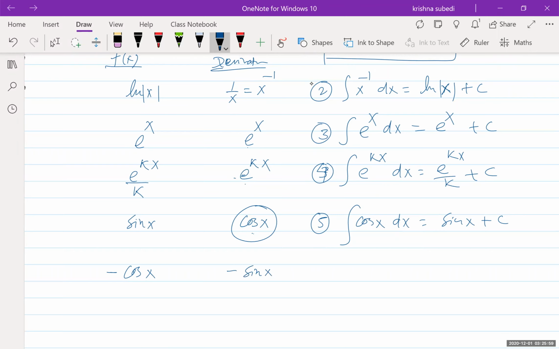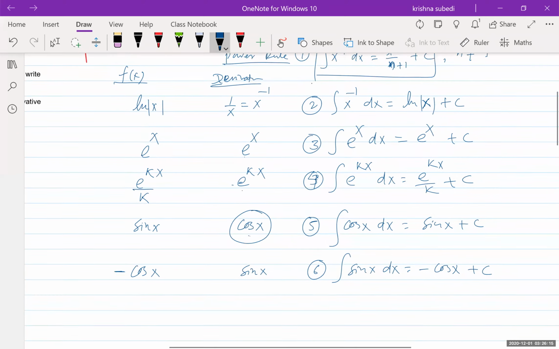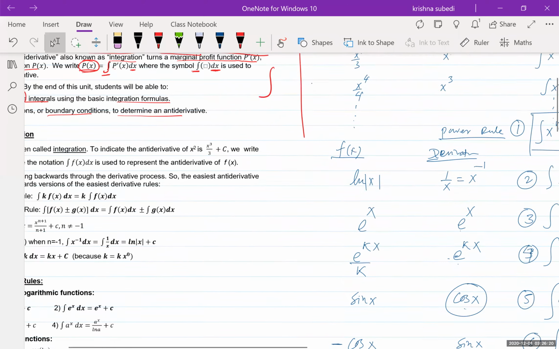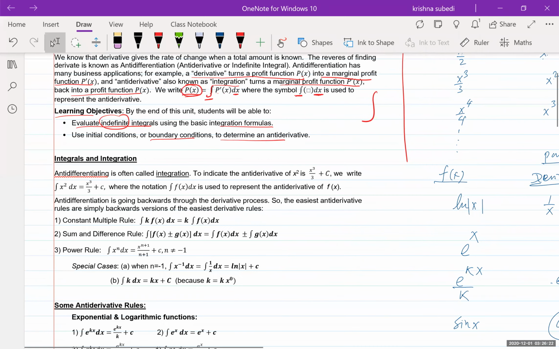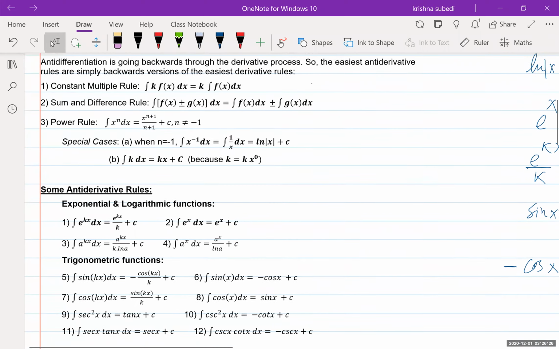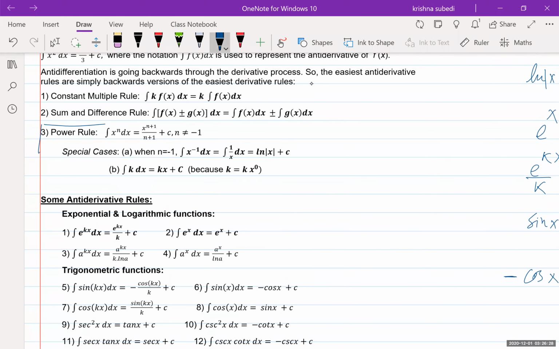And if my function is negative cos x, then my derivative is sine x. So another formula you can write is the antiderivative of sine x is negative cosine x plus c, and so on. All right, guys, so you can make the formula yourself. Now, let me list all of those possible formulas here. Okay, power rule, we just discussed this.